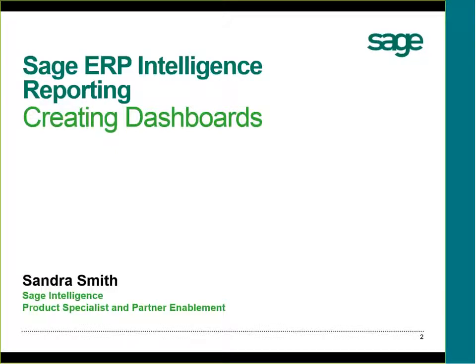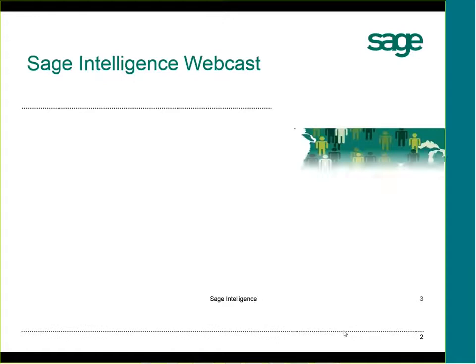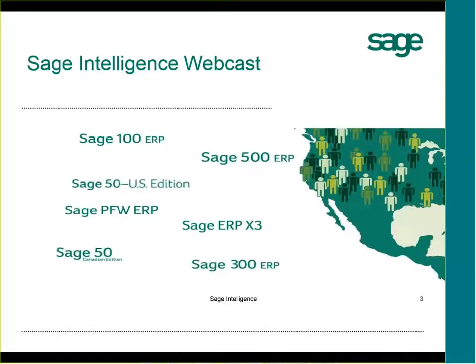We're going to walk through creating dashboards, so we'll go ahead and begin. This webcast is about Sage Intelligence, and Sage Intelligence, as you may or may not know, works on all of the Sage ERP accounting systems.